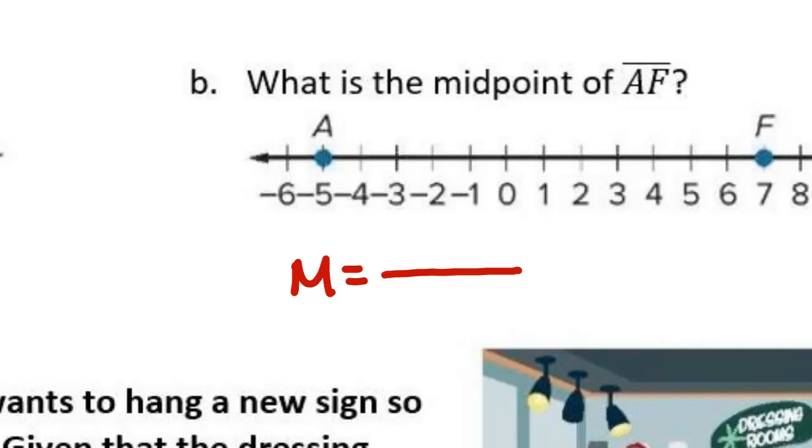Yep, that's absolutely correct. Nice work. The 2 is part of our formula because we're averaging these two to find the middle of something. You add them together and then you always cut it in half if you have two things. Yes, that's absolutely correct.